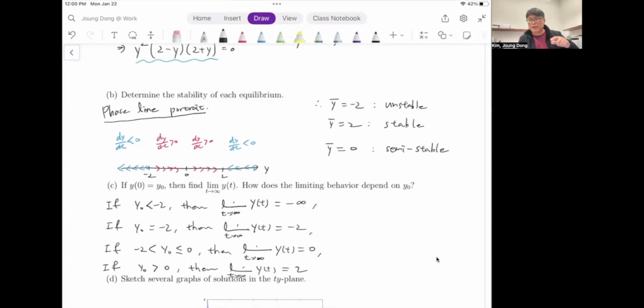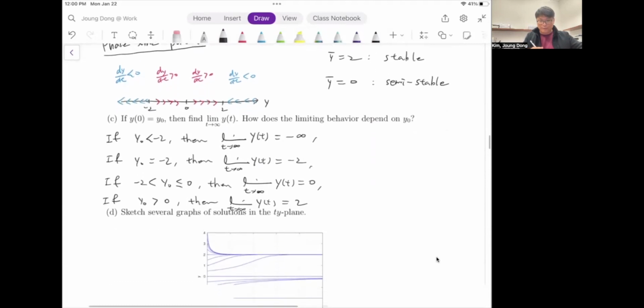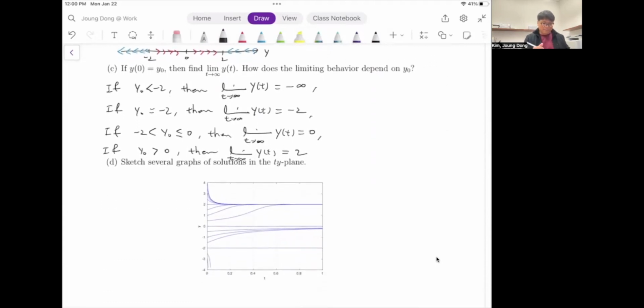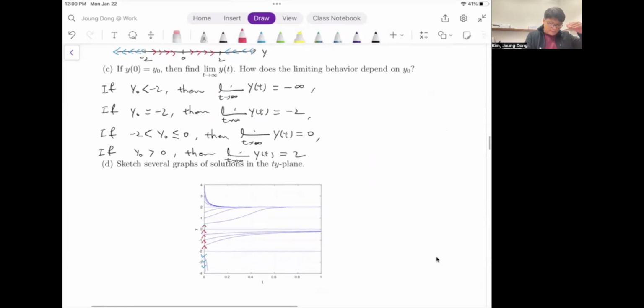And if you don't trust me, just look at the graph that I gave you below this one. There we go. See? As we did in the analysis, going down forever, going to minus infinity, right? And then going up. Below 0 it is stable, but above 0 it is unstable.